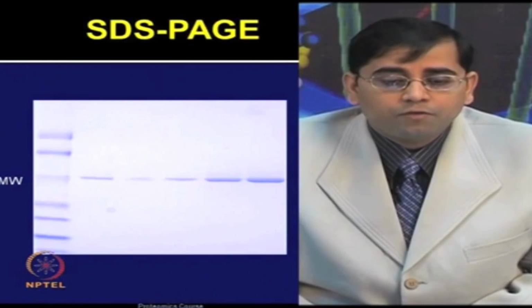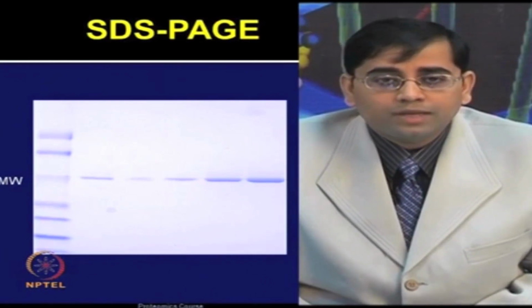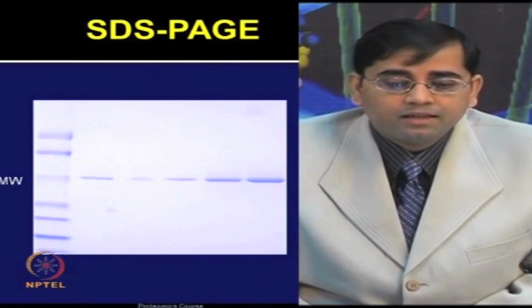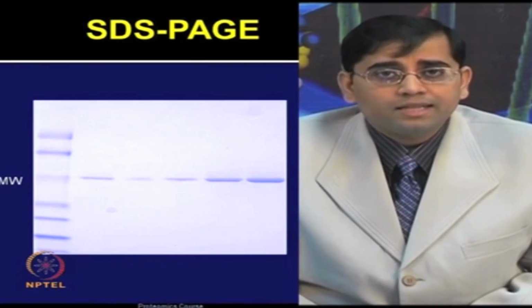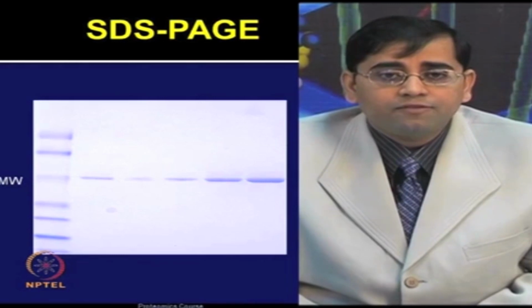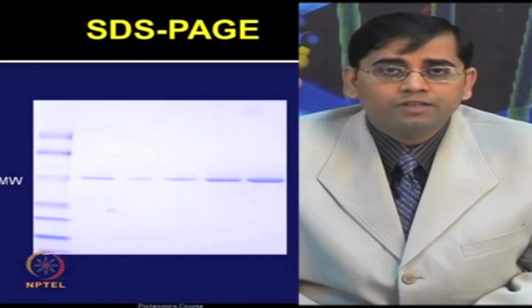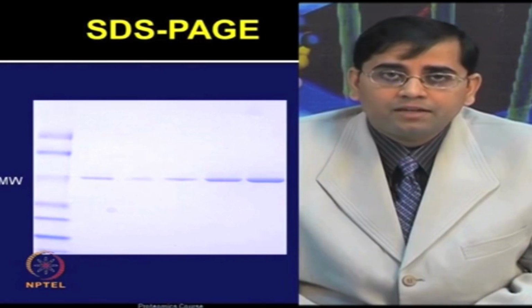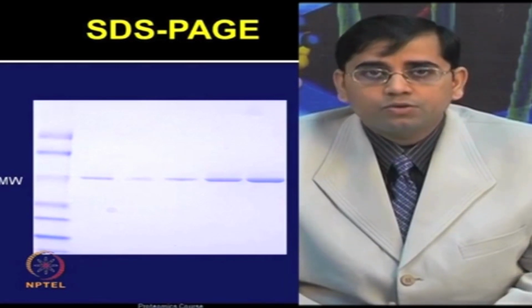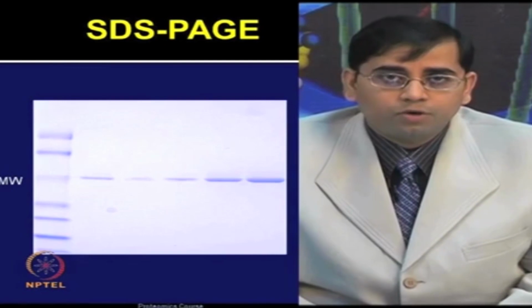I am showing you one SDS PAGE image in which, from the left to the right, you can see the first lane is the standard or known molecular weight. In this lane, you can see at least 5 or 6 bands are visible. These are the known molecular weights, sometimes ranging from 150 kilodalton to 10 kilodalton.